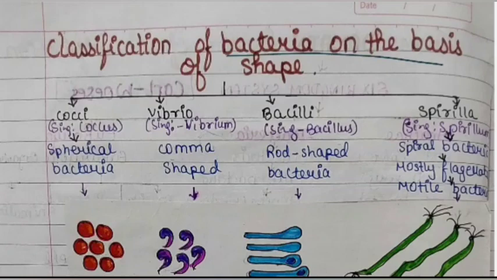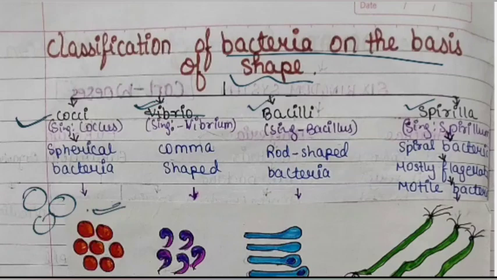Now let us see the classification of bacteria on the basis of shape. It can be classified as first the coccus, vibrio, then the bacilli, and the last one is spirilla. Coccus bacteria is basically spherical in shape. The next one is vibrio, that is comma shaped bacteria.